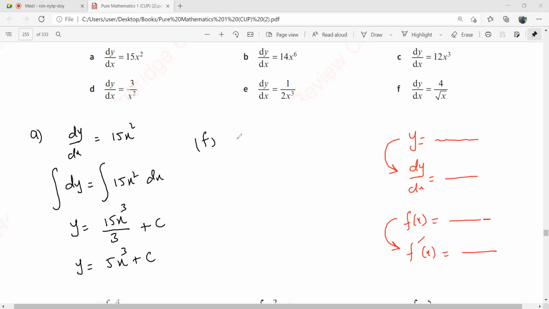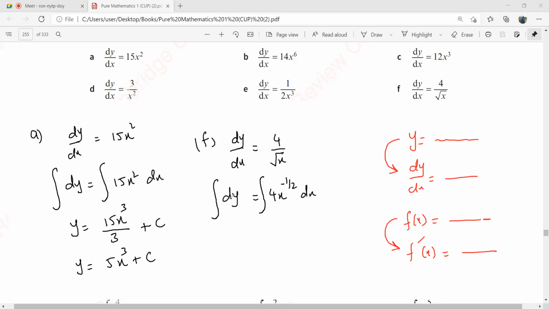Please copy them down. Now this is dy by dx, that is 4 over under root x. So one side has the dy, the other side would have the dx. I moved this under root x to the numerator and then I cross multiplied this as well. This side is going to be integrated with respect to y, this side with respect to x.